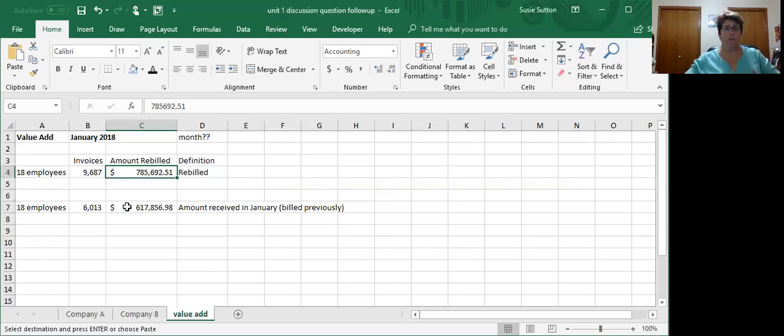So I hope that explanation helps you understand why my point of view is that we don't need GAAP to come in and regulate the cost accounting reports.